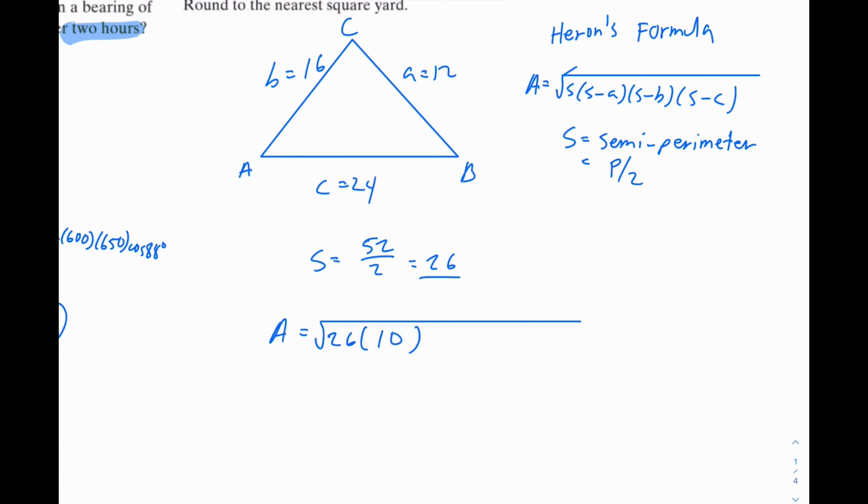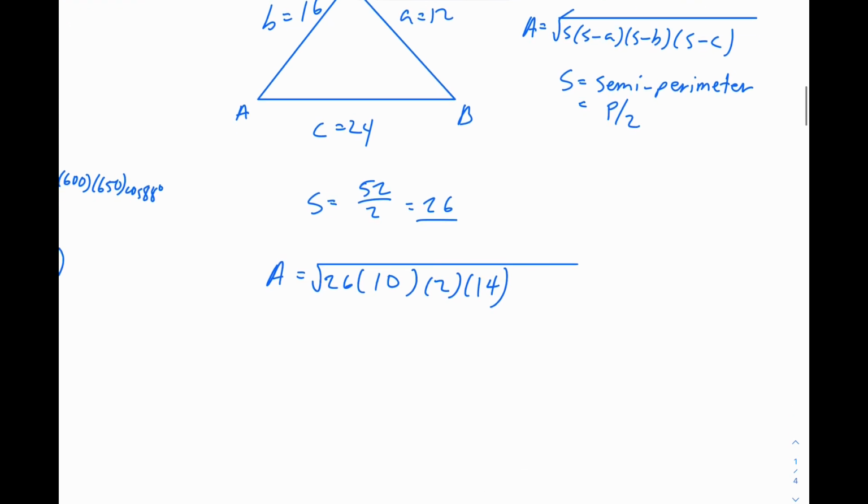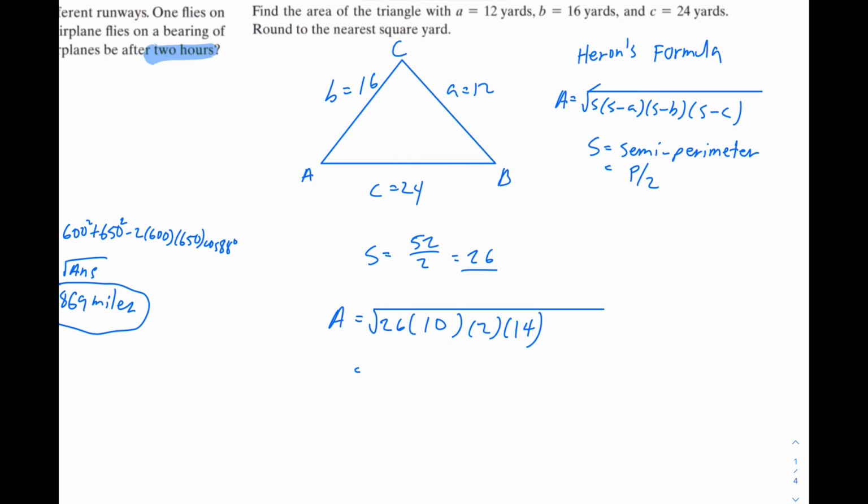And then 26 minus this leg, that is 2. And 26 minus the last leg, that is 14. And now just type that into your calculator. And then this is round to the nearest square yard. So we'll just put 85 yards squared after you type that into your calculator. And that's the lesson.